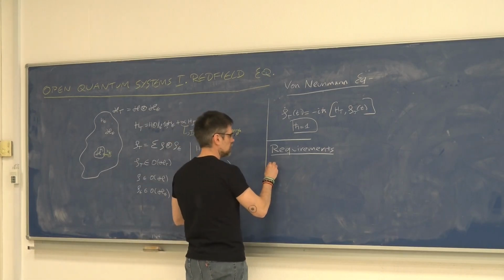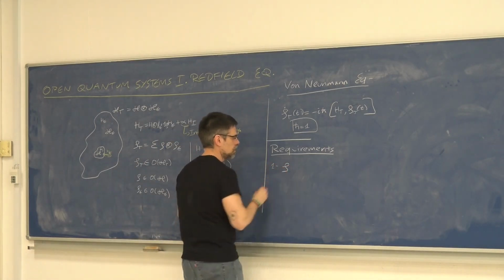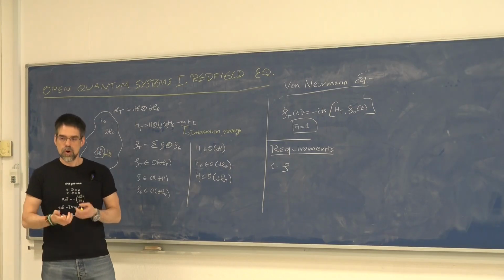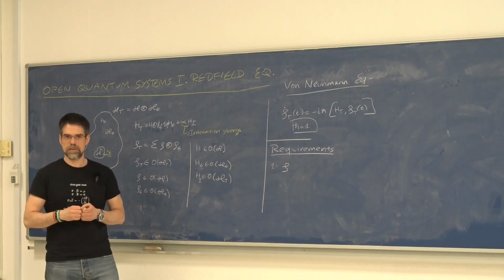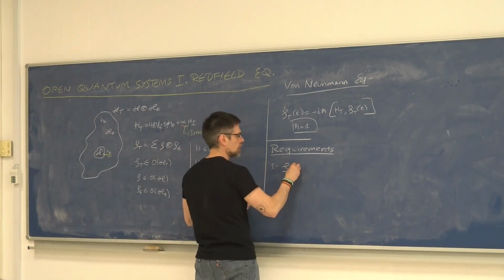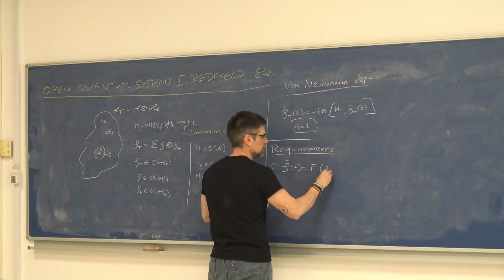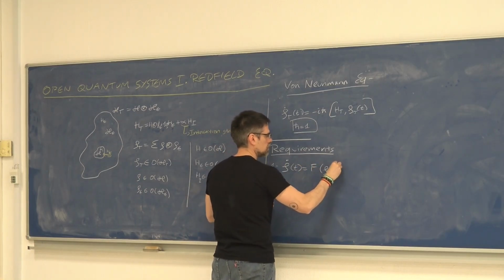Basically, what we want is a dynamical equation, or equation of motion, only for our system density matrix. So it's something like rho dot of t should be some functional of rho of t.